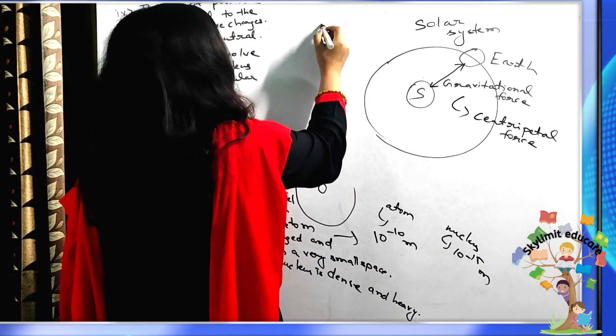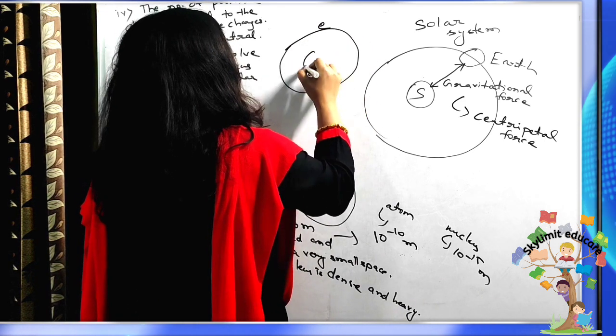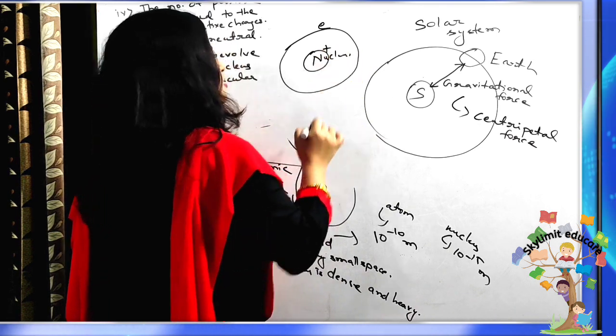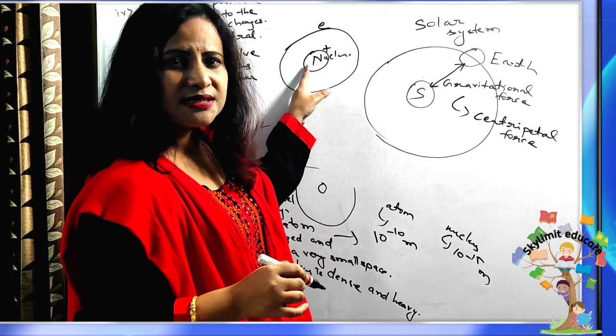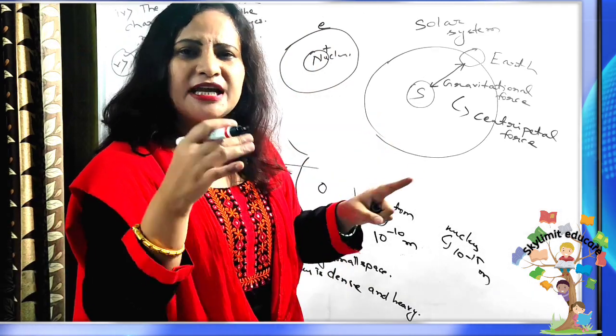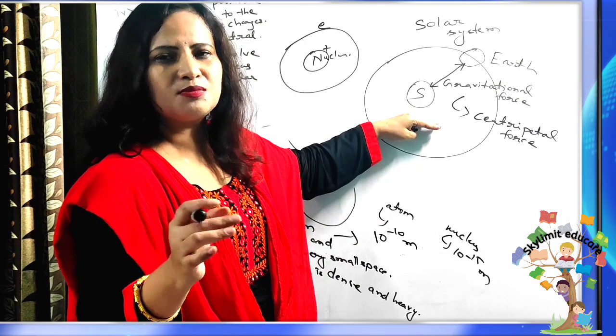that if, suppose this is an atom now, okay, and he told that the nucleus is at the center, and the positively charged particles are present inside the nucleus, and electrons are revolving around the nucleus in closed circular orbits. He was able to conclude that because of this solar system model.